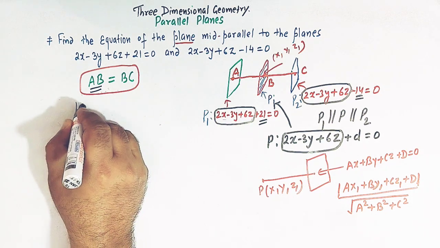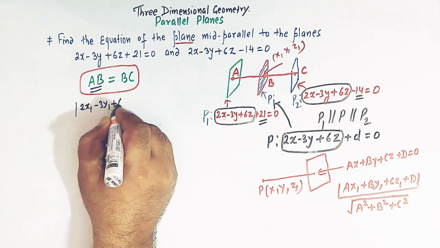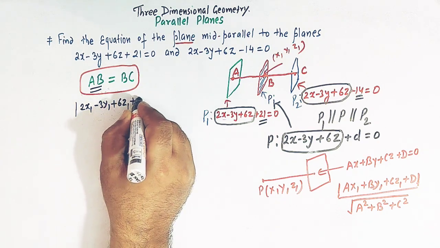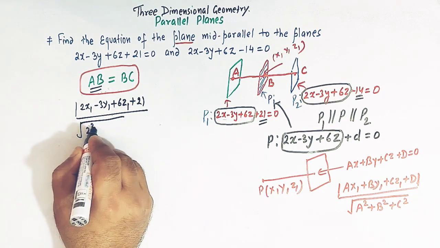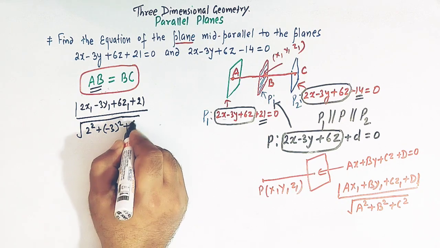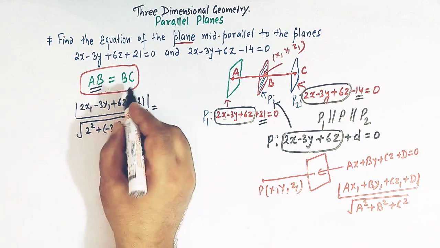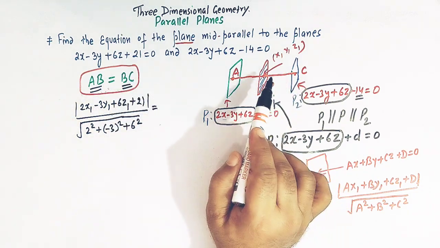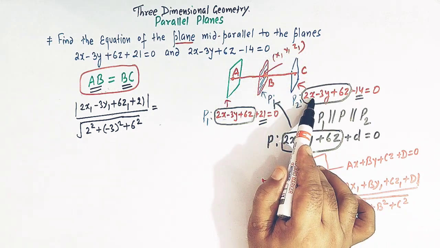So we have mod of 2x1 - 3y1 + 6z1 + 21, divided by the square root of 2 square + (-3) square + 6 square, right? And for getting BC, we'll again substitute x1, y1, z1 in this equation.